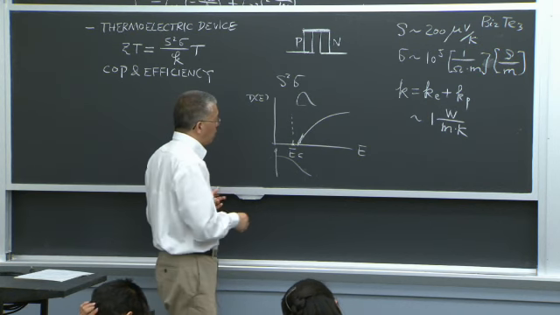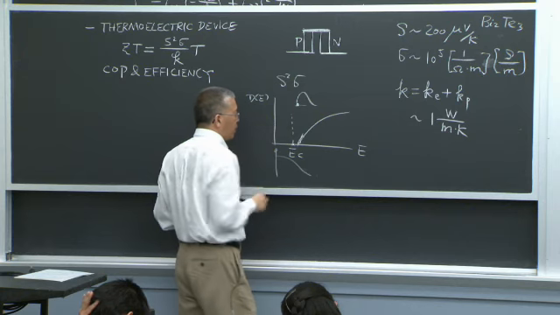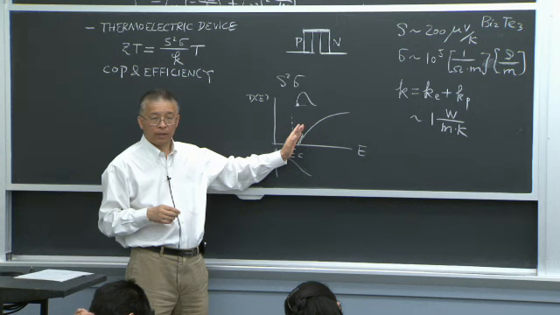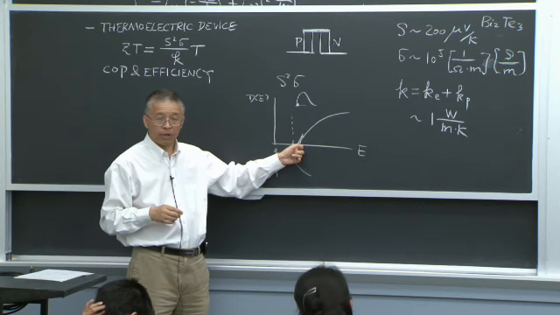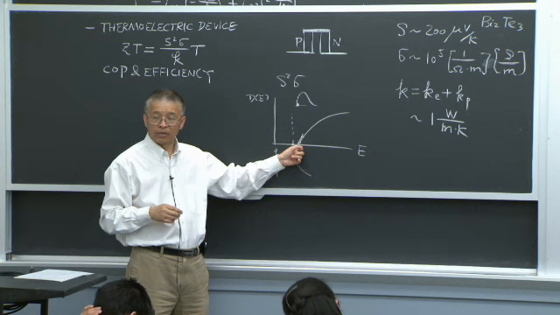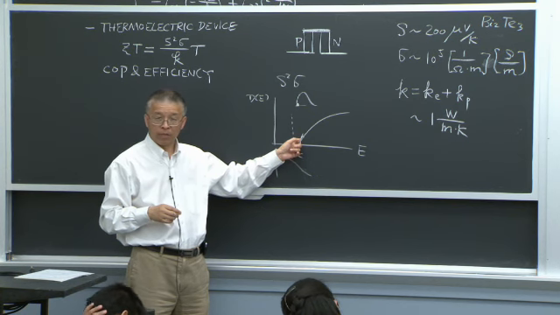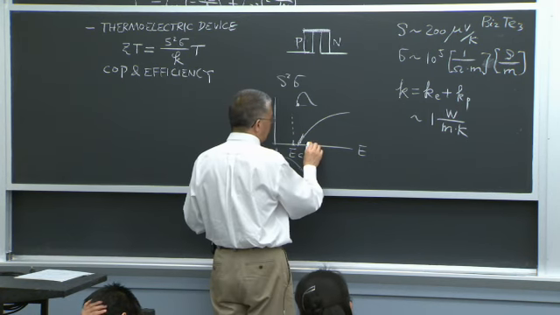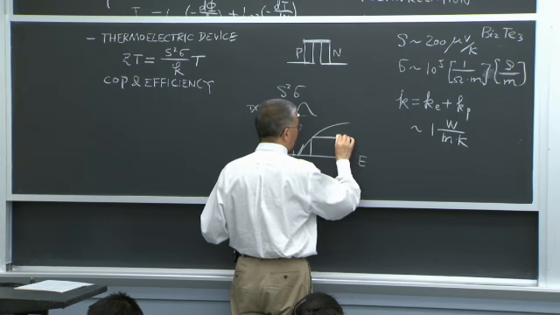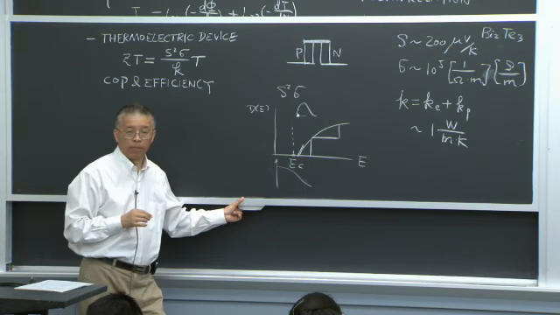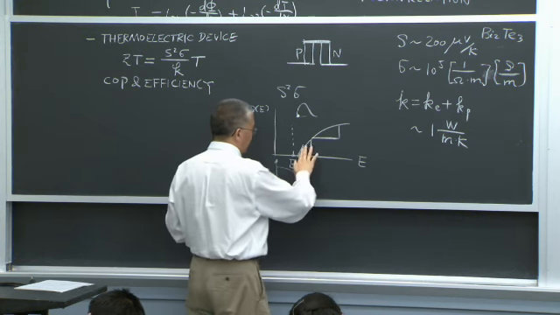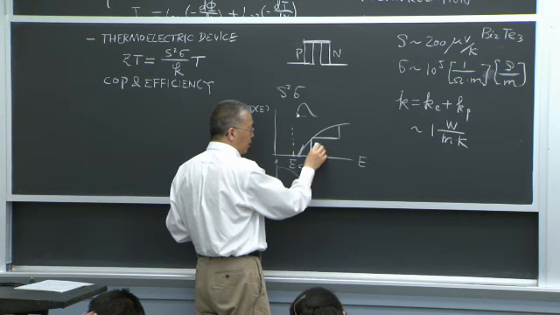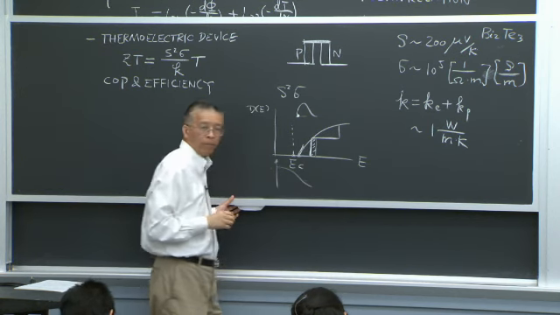Okay. So here is EC, and the problem with this is, here, a typical parabolic band, right? There are not many carriers here. You look at it, right? This is the lowest density of states region. Not many energy carriers. So you do the density of states of a quantum well. A quantum well is a staircase, right? So now rather than this parabolic, you have a staircase, and of course you dope it again, and suddenly you get a lot of carriers here.